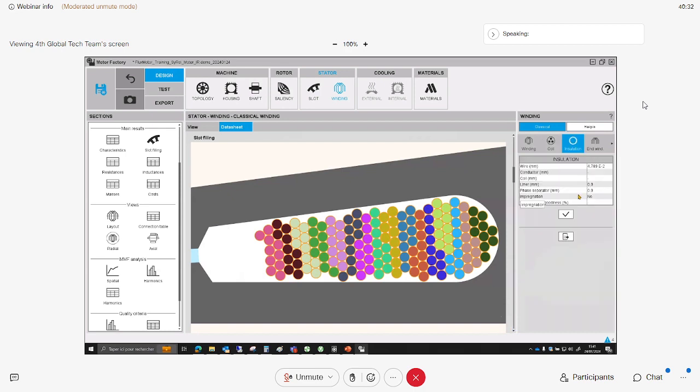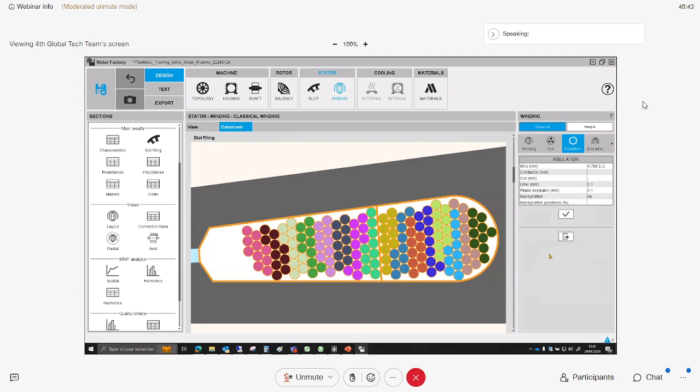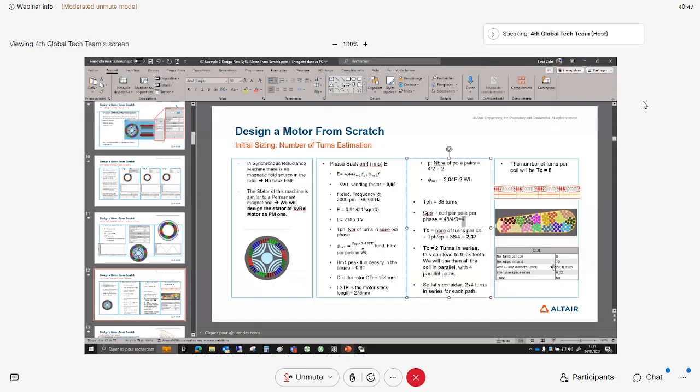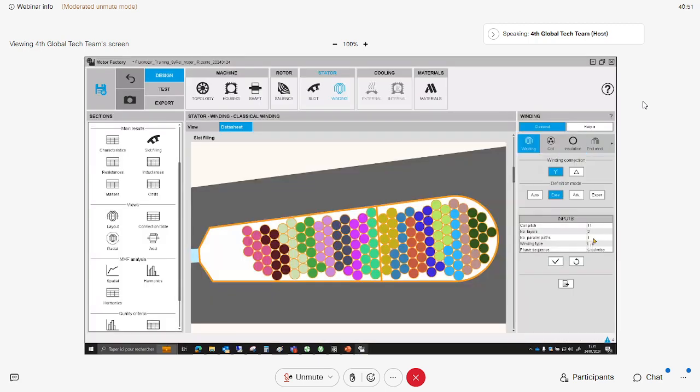Okay, I have to put a liner and the phase separator. Okay. Yeah, so then I have my coils, I have my winding, I have to put 4 coils in parallel, right? And I am done with that.